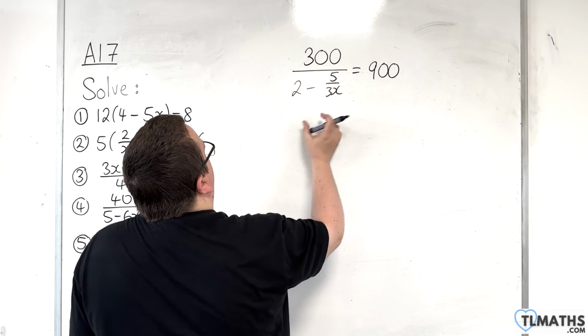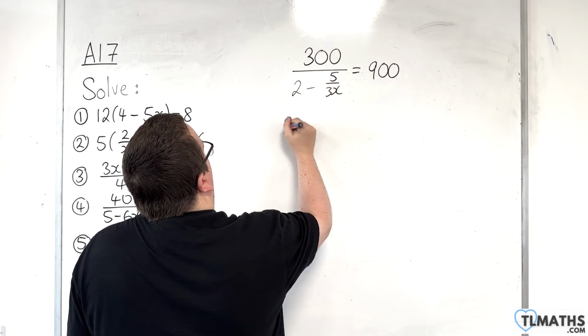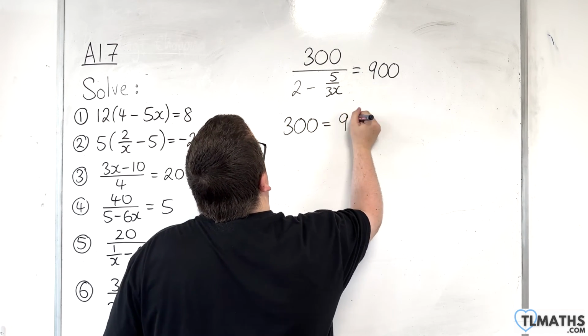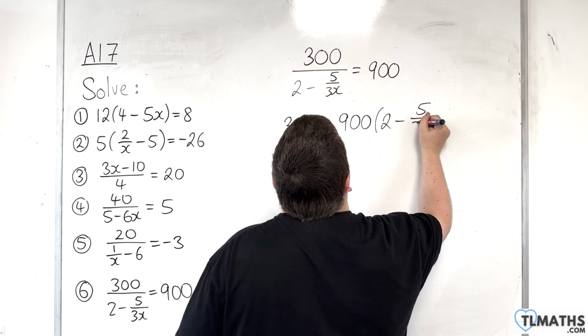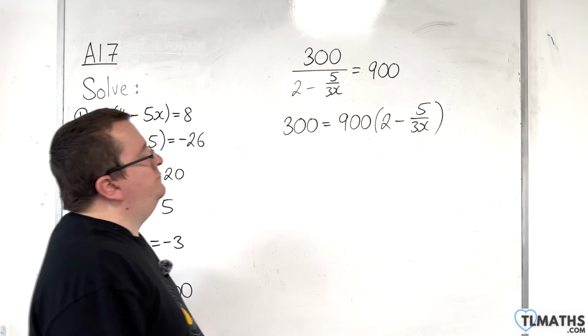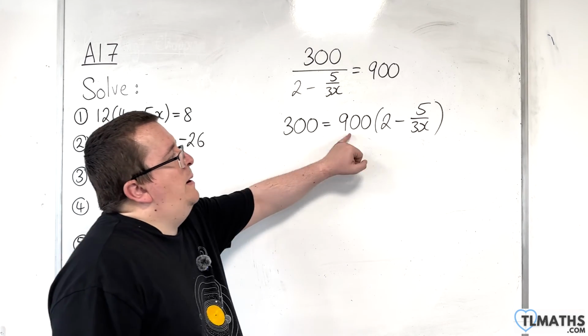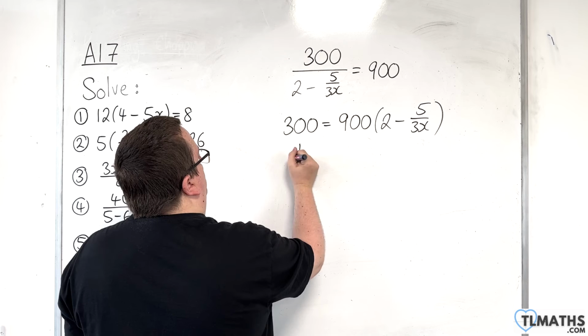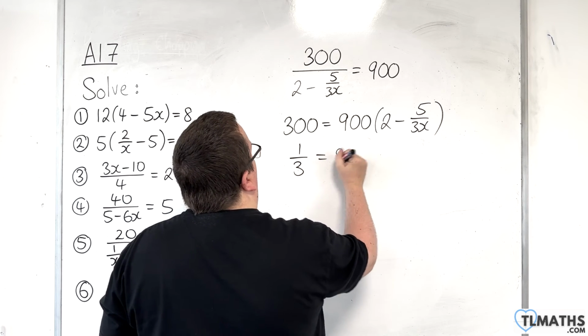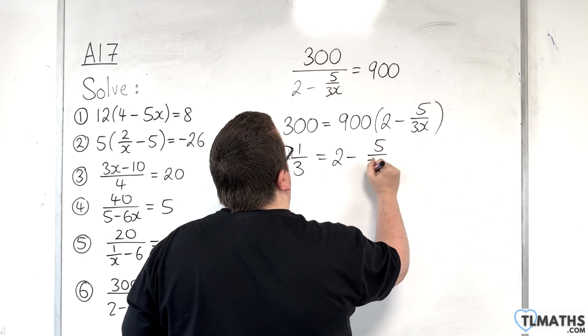So multiplying up by the denominator first, we get 300 is equal to 900 times 2 take away 5 over 3x. Now we're going to divide both sides by 900. So 300 divided by 900 is 1/3, is equal to 2 take away 5 over 3x.